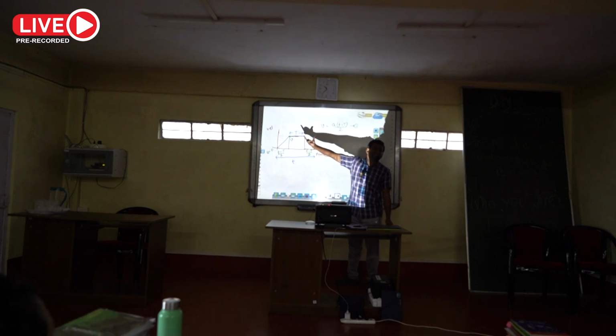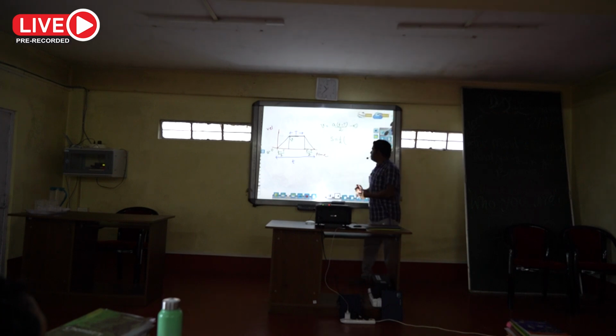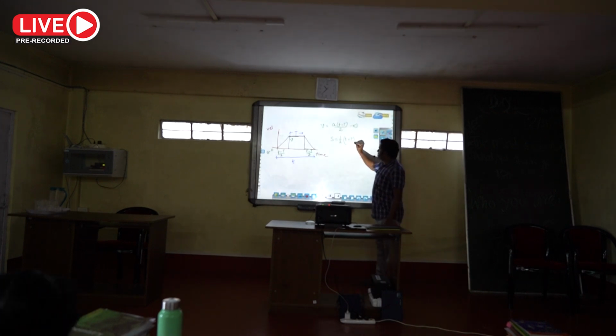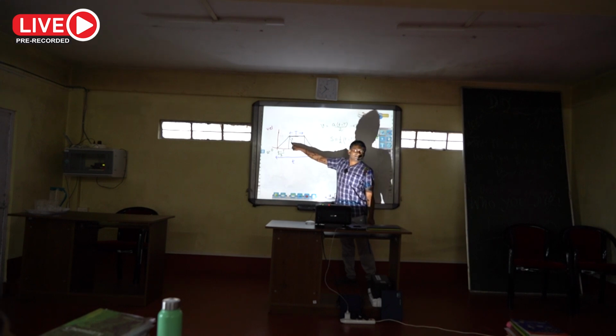Small t plus capital T. This side is small t, and this other parallel side is capital T. And tell me, what is the distance between the parallel sides? This height, that is v.